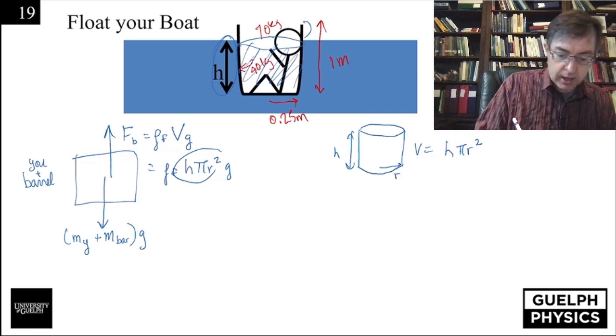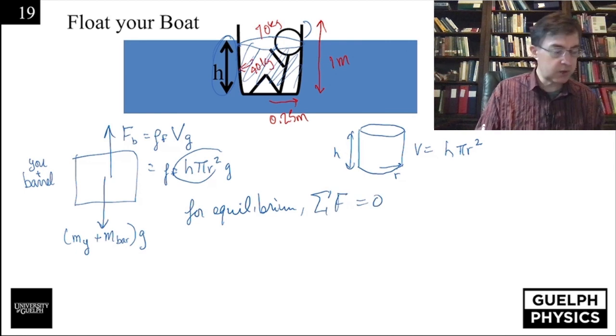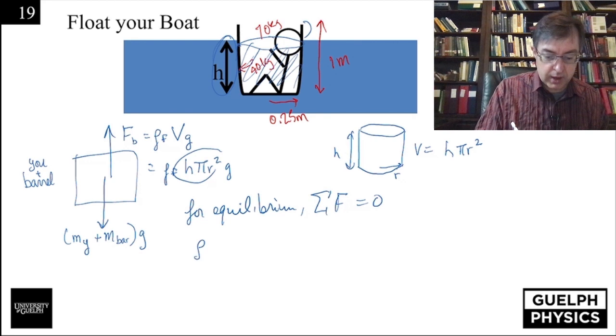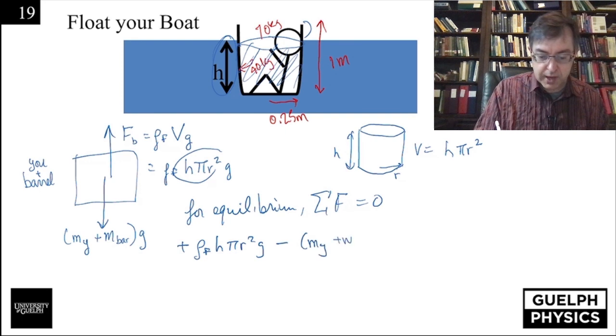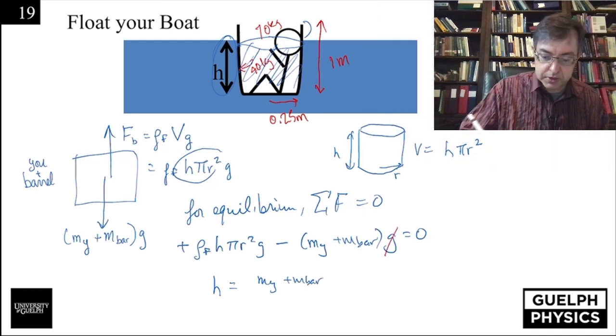Okay, so for equilibrium, if you're just going to sit there, the sum of all the forces in the vertical direction must equal 0, and that means then that rho f h pi r squared g going up minus (mass of you plus mass of the barrel) times g has to equal 0. And then I can solve this for h. h is equal to (m you plus m barrel), and I can also cancel the g's in both terms.